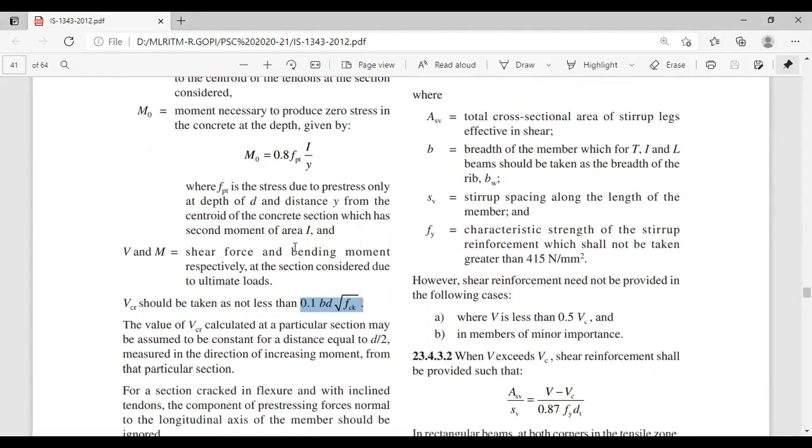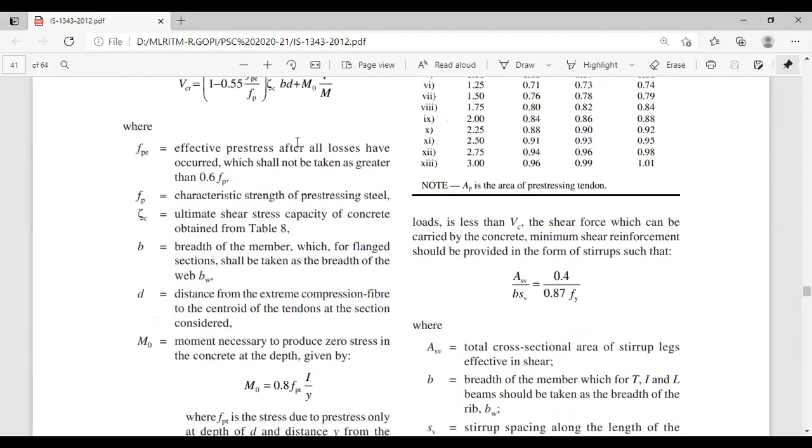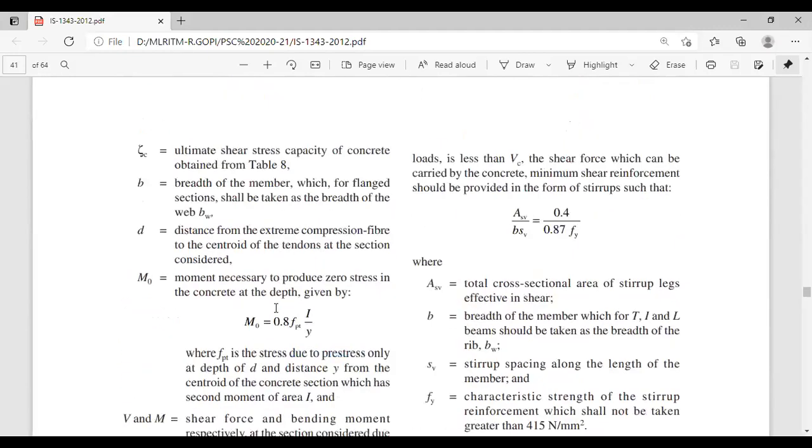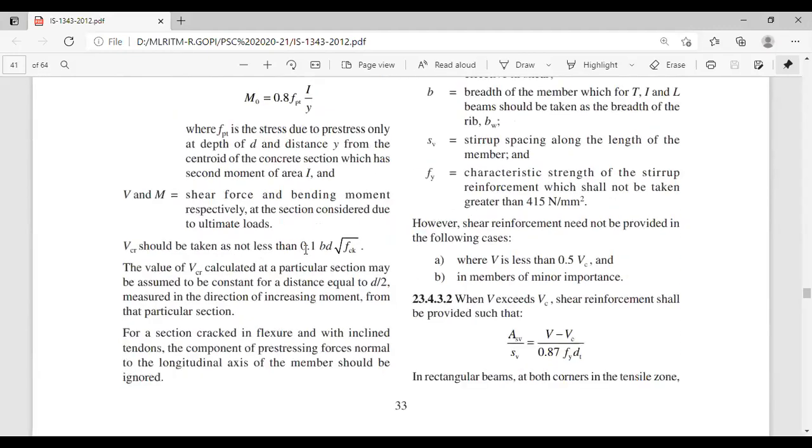Okay, which one is greater, that value you have to take, because it should not be less than 0.1 b d root fck. Suppose this value is less, then you have to take this value. If this value is greater, then you don't consider the other value.